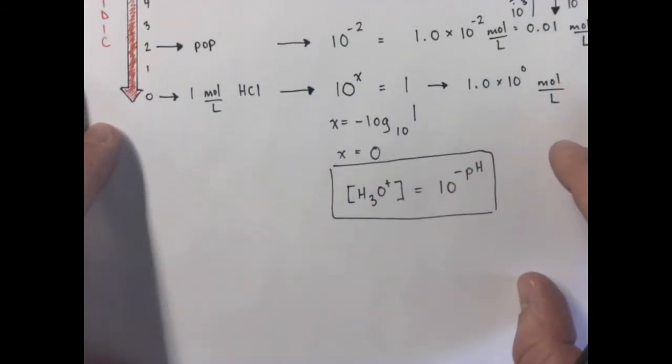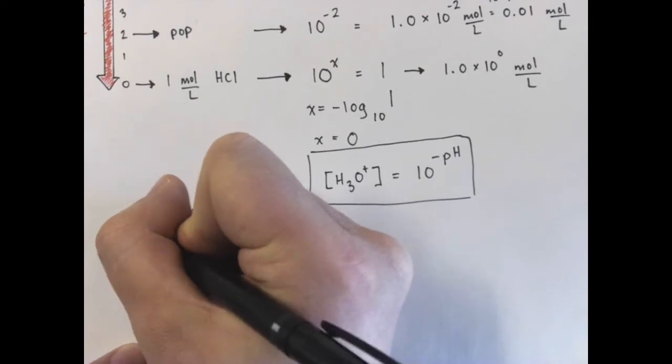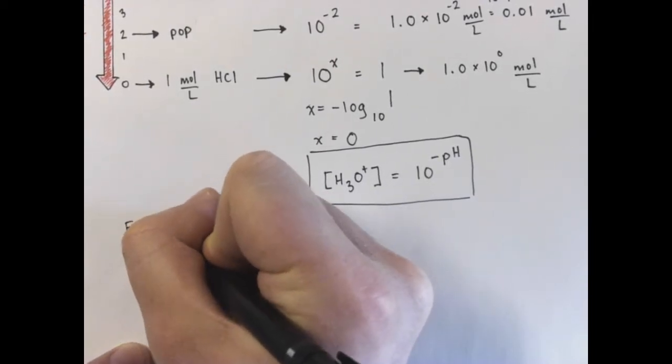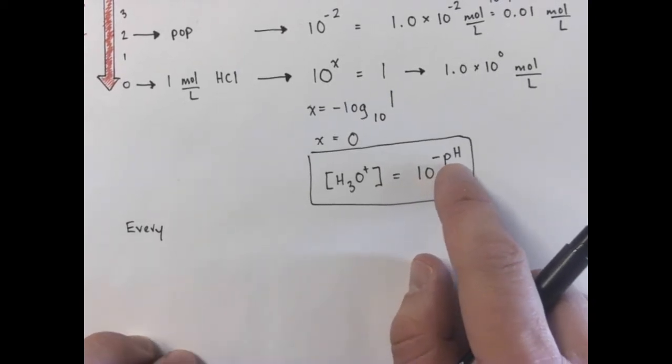Okay? So it's important to know here that because the pH scale is a logarithmic scale, it's actually showing us the exponent.